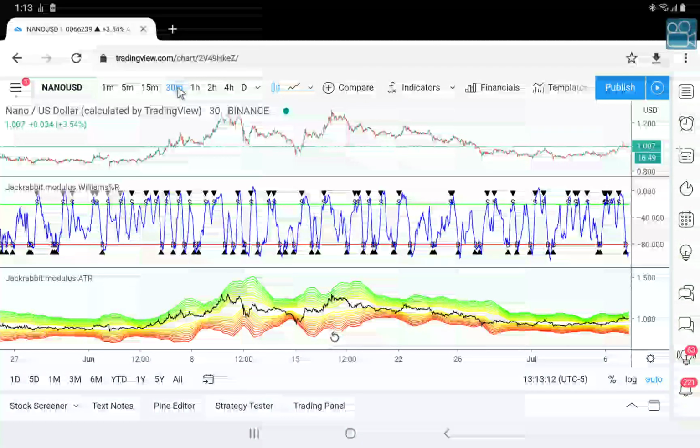And that is also something else that is unique about this indicator combination, is you are not necessarily going to get better performance or higher profits at higher time frames.